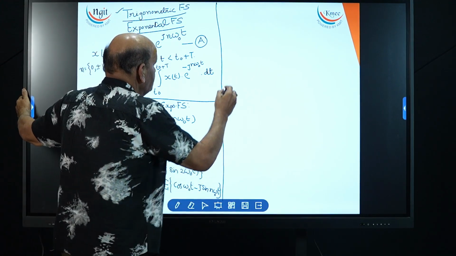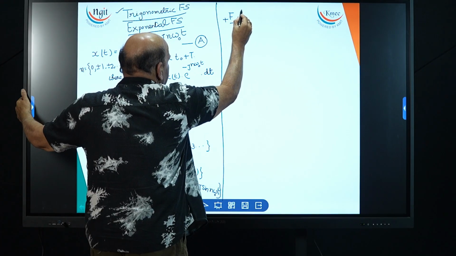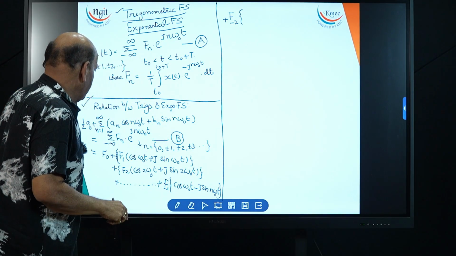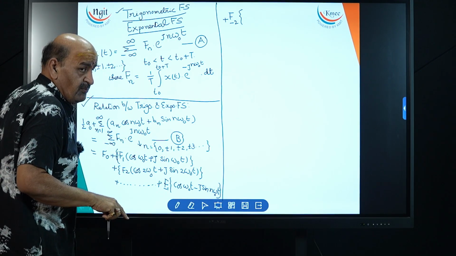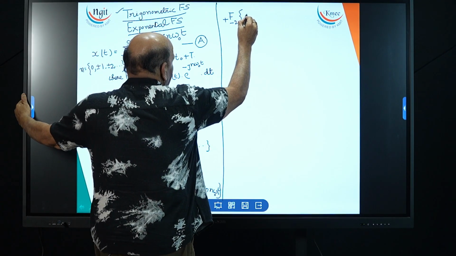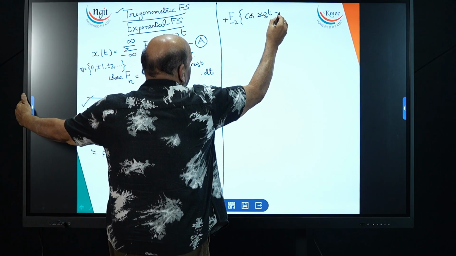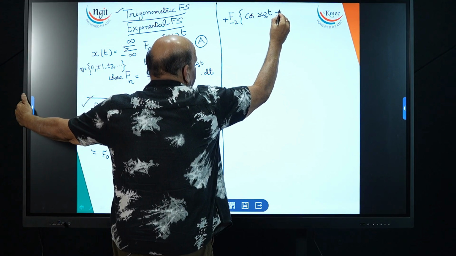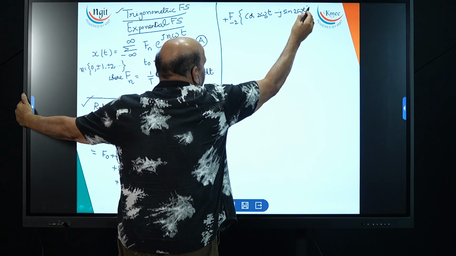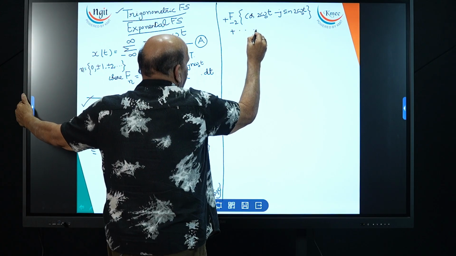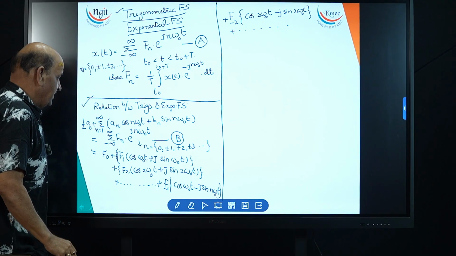Next, substitute n equal to minus 2: F of minus 2, e power minus j theta. That means you get cos 2 omega naught t minus j sin 2 omega naught t, plus etc. The series continues like this. So students have to understand that.